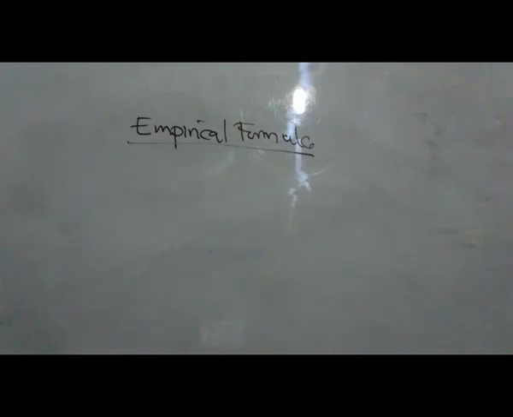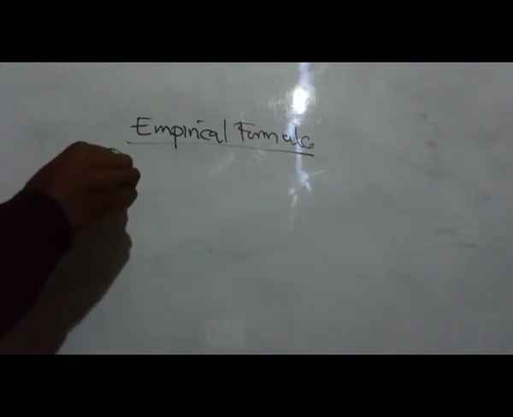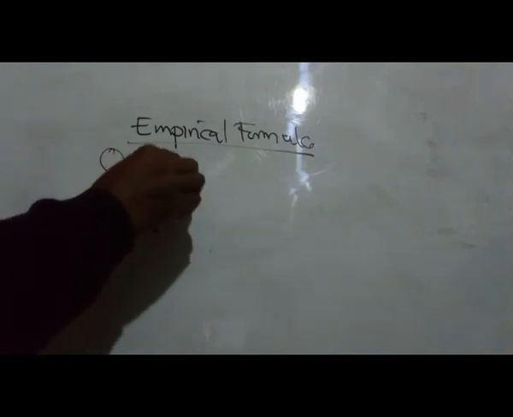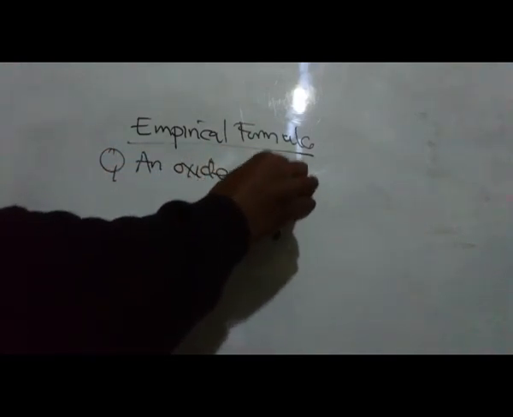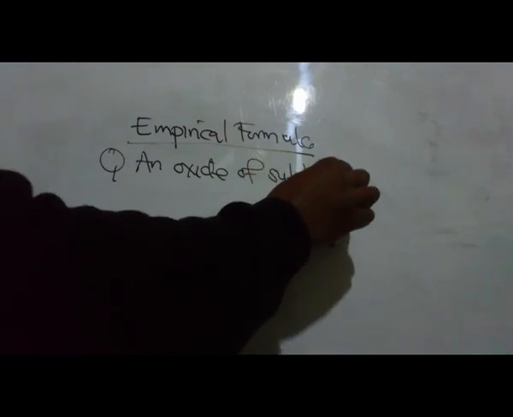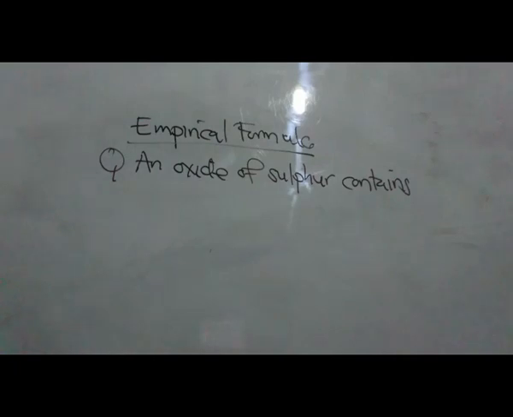All right, let's look at this question, a Cambridge question, which says an oxide of sulfur contains 40% sulfur and 60% oxygen.